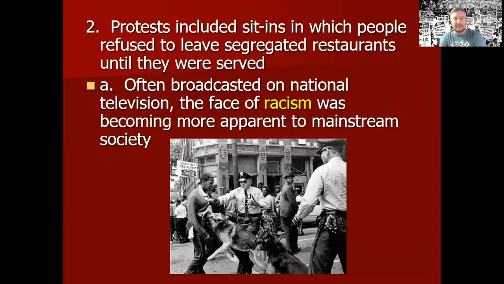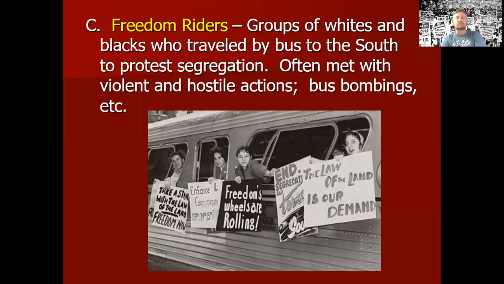When they're seeing these images coming out of the South, they're saying, "What is happening down there?" In fact, it's after this scene that President Kennedy would actually get involved and say, we have to have a major civil rights bill, which would eventually turn into the Civil Rights Act of 1964.